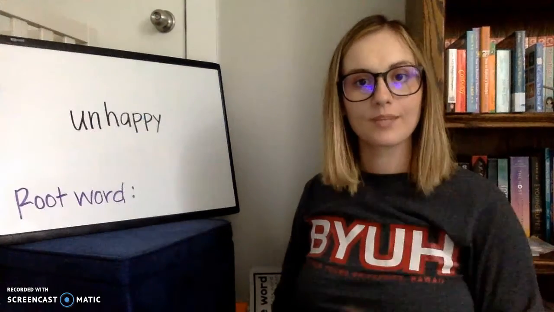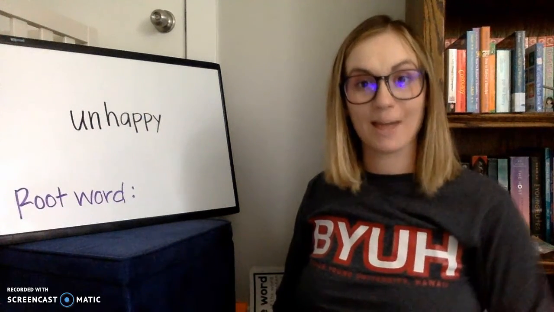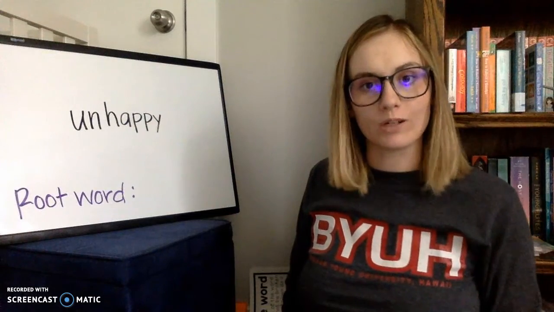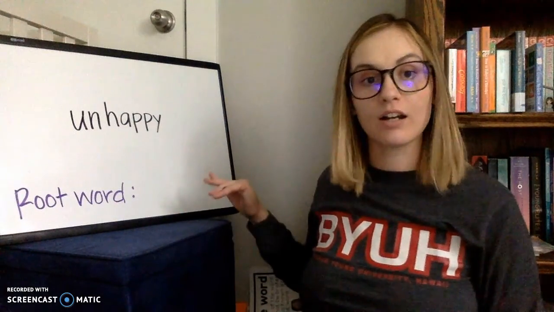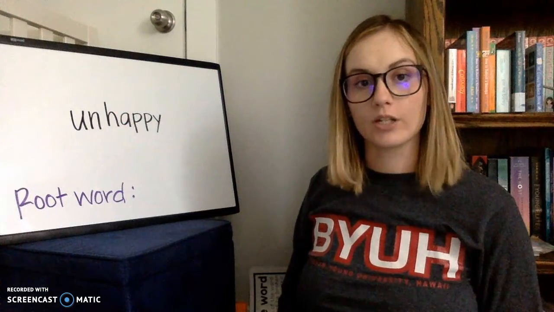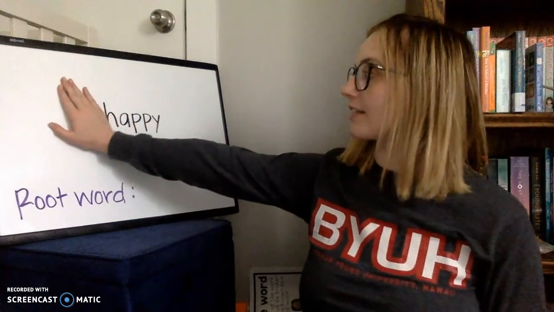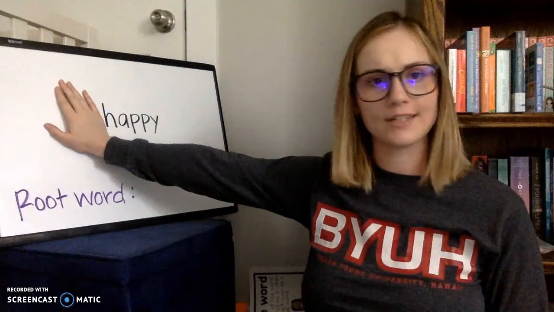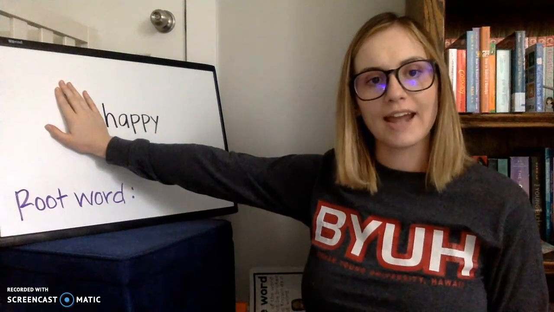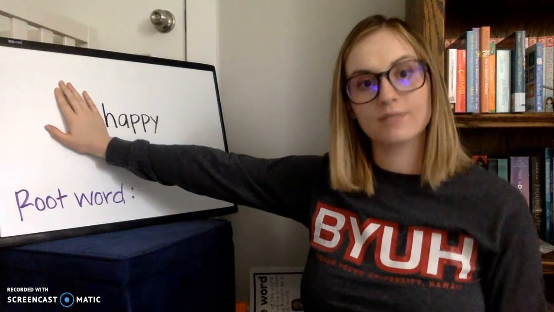Let's do another. Okay, if my word is unhappy, what is the root word there? Take off the prefix and any suffixes that there are to figure out that root word. Well, I see un, that's a prefix. I don't see any suffixes on this word, so I don't need to take off a suffix. And my root word is, what's left? Happy.